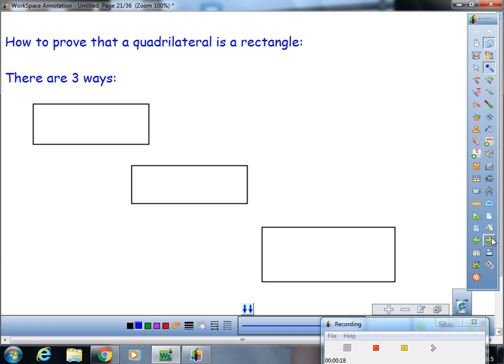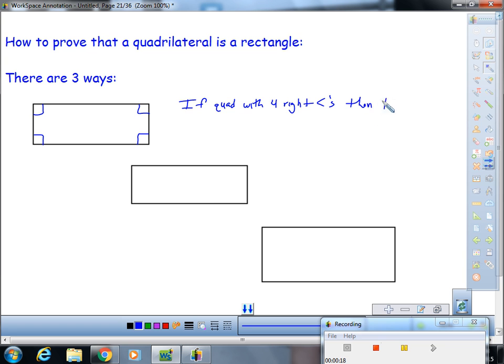So, if it is a quadrilateral with right angles, then it is a rectangle. So here's how you write that in a proof. If quad with 4 right angles, then rectangle.